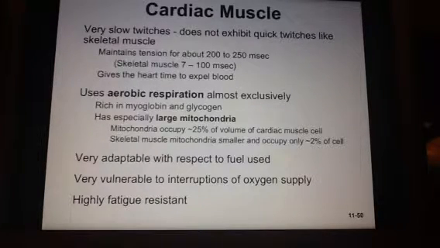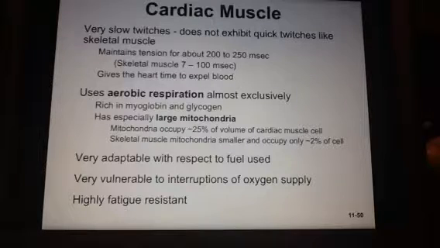The cardiac muscle sees very slow twitches. It's not quick twitches like we saw in the skeletal muscle, and it keeps the tension for 200 to 250 milliseconds, whereas skeletal muscle is much shorter than that, and that gives the heart time to get the blood out.